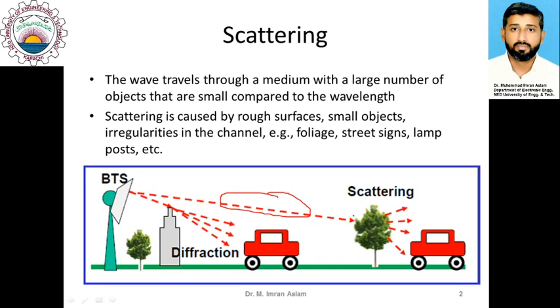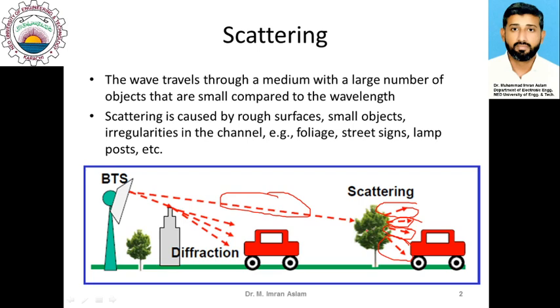A ray goes to this tree, and when it emerges out of the tree, because the tree leaves cause an irregular reflection, this ray is scattered in a variety of different directions. You can see that this ray is going towards different sides.